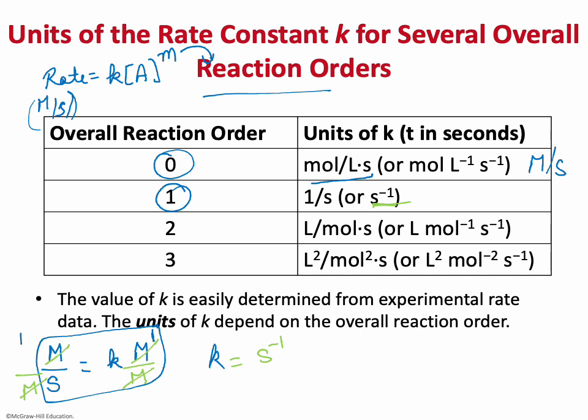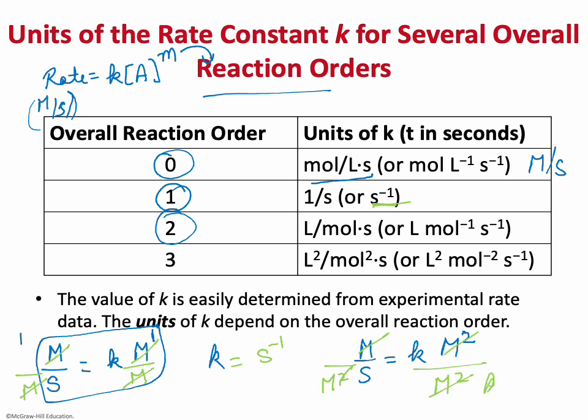Let's say I'm focusing on second order: rate is molar per second equals K times molarity squared, since A is molar and m is 2. I'm solving for K, so I need to isolate K, which means I need to get rid of M squared. So I divide this by M squared, and I also divide the other side by M squared, so 1M and 1M get cancelled.